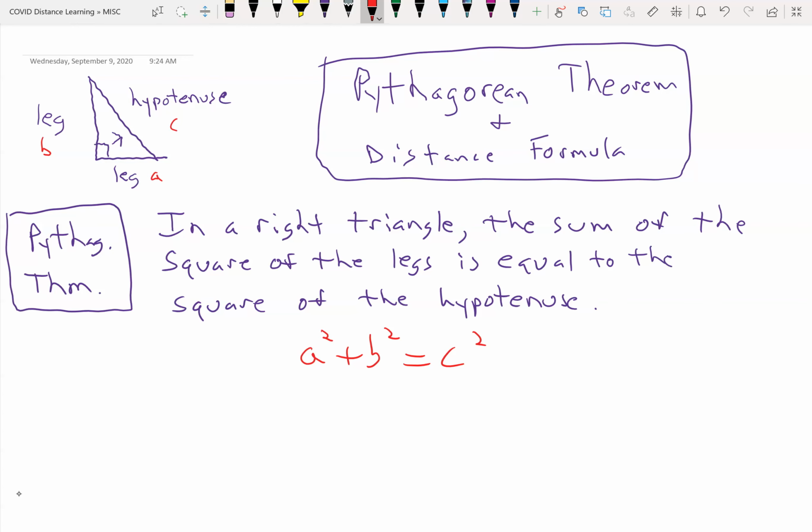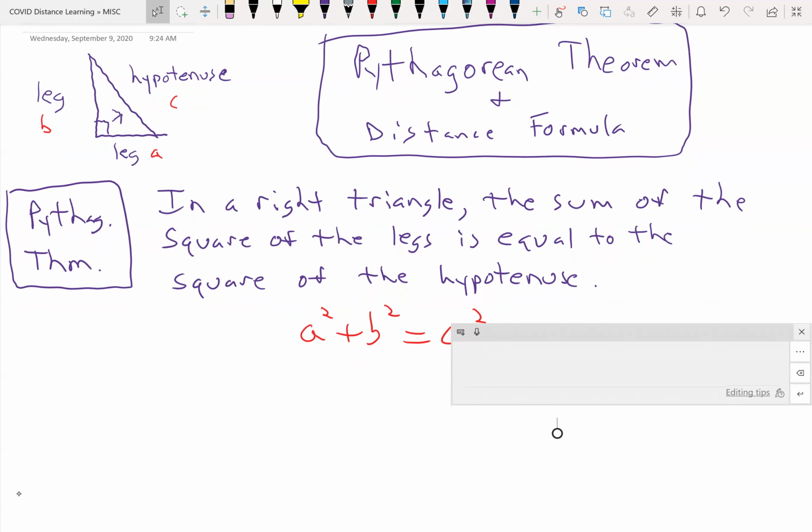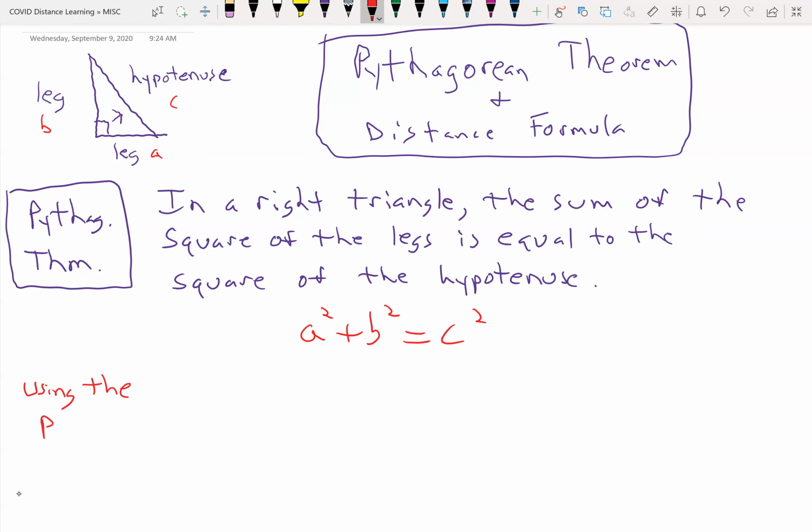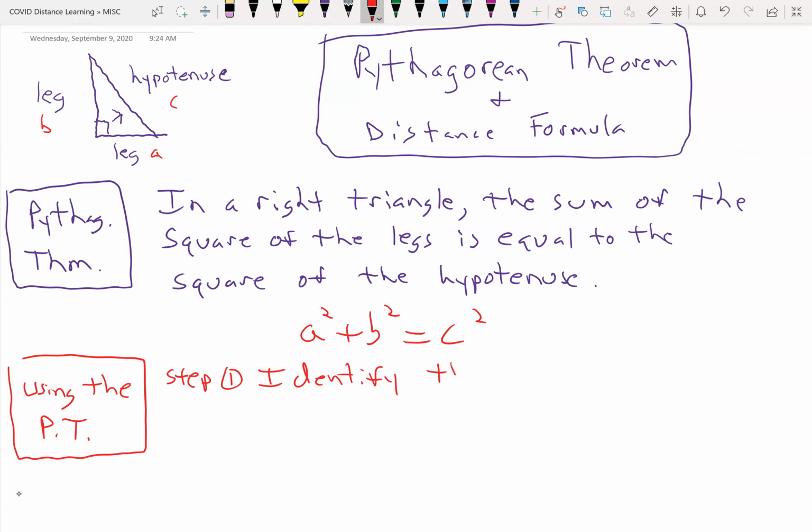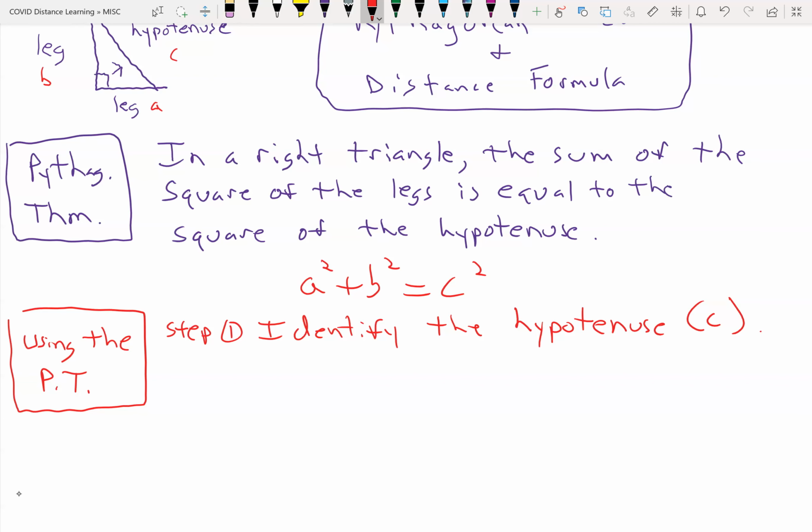Okay? How are we going to use this Pythagorean theorem? Using the Pythagorean theorem: Step 1, identify the hypotenuse, remembering it will be c in the equation associated with the Pythagorean theorem.